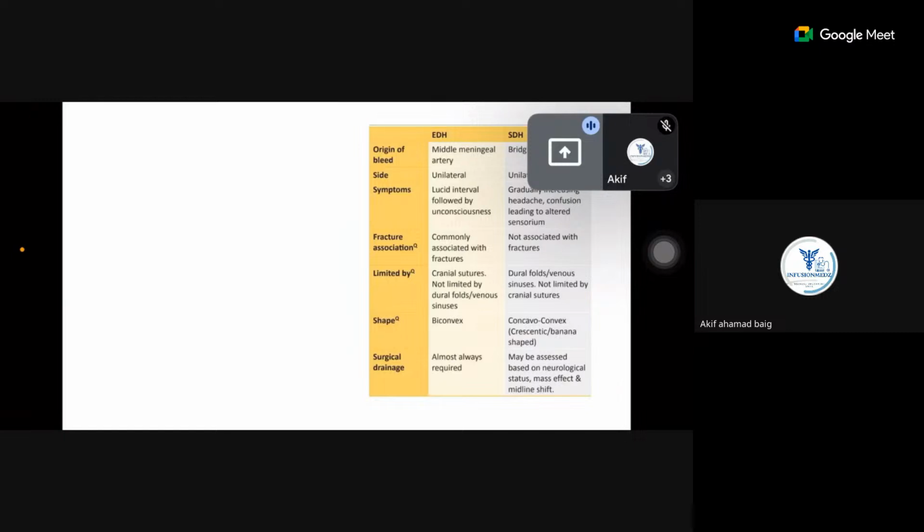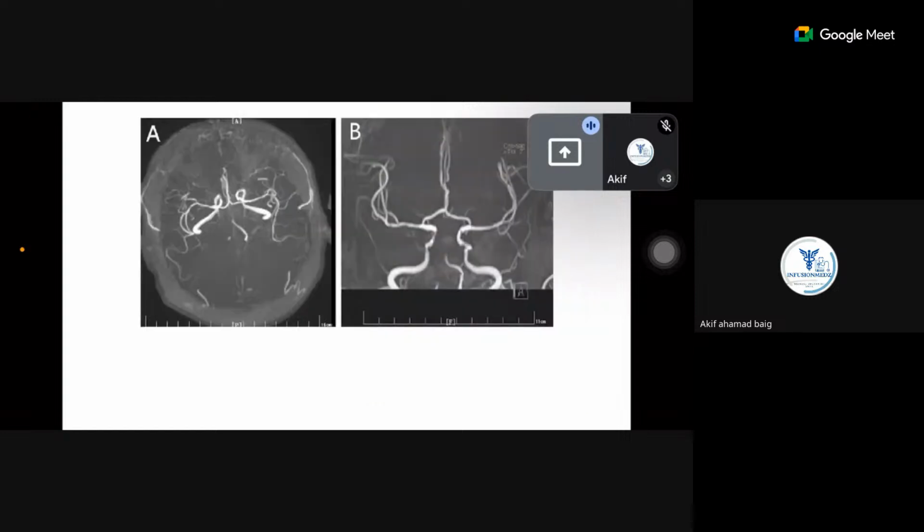EDH is more dangerous because it tends to progress rapidly and surgery is almost always required. You have a limitation by the sutures in EDH, whereas you don't have limitations with SDH because it is dural folds inside.